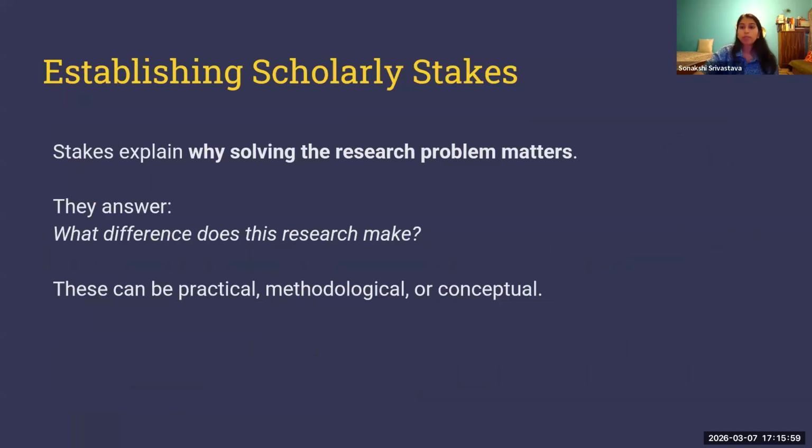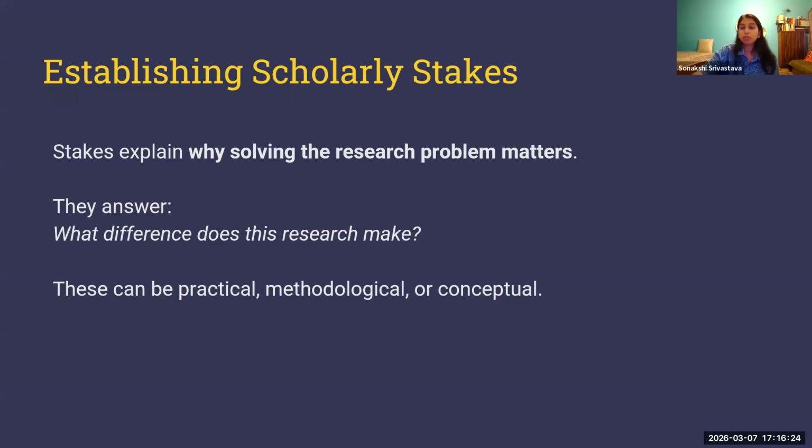Now, once you have identified those gaps, how do you establish the scholarly stakes in your introduction? Stakes explain why solving the research problem matters. They answer, what difference does this research make? And that's true. You are researching a particular topic because you know that it is going to make a certain difference.